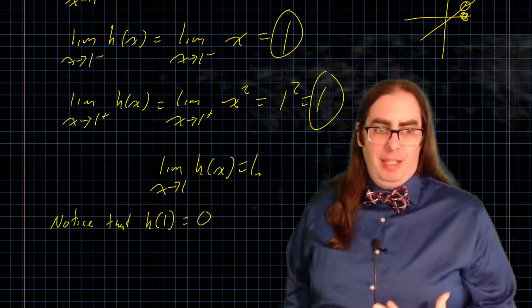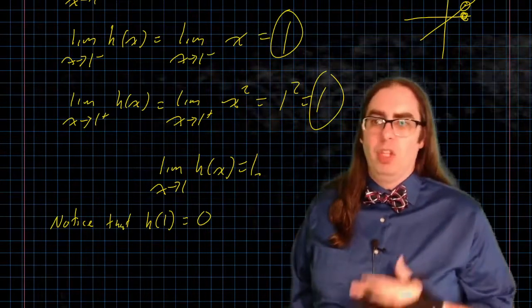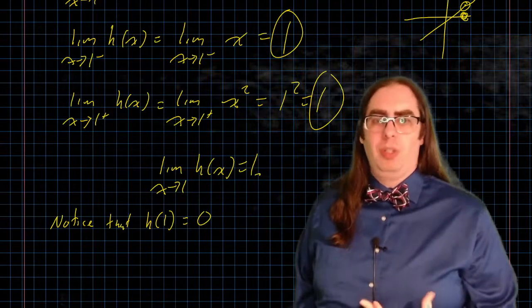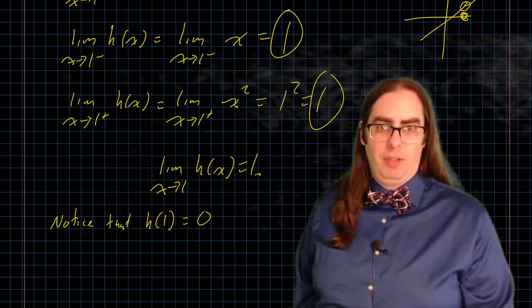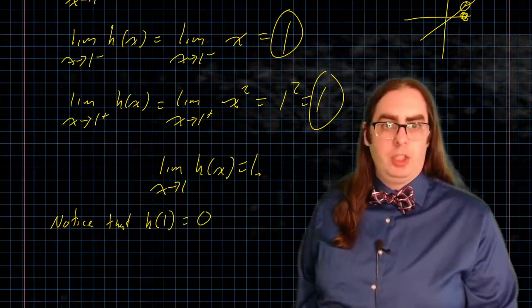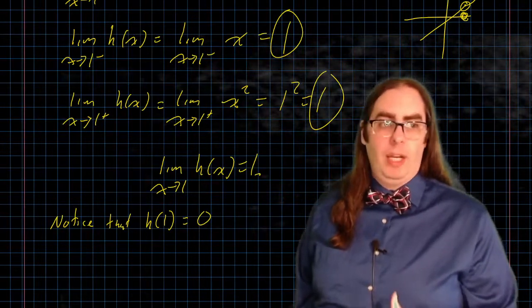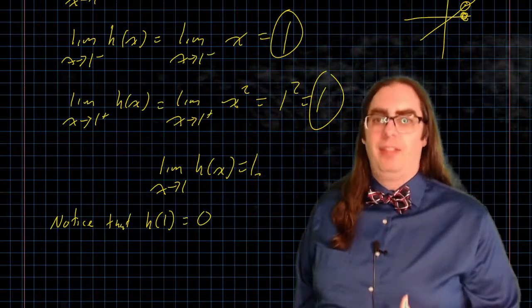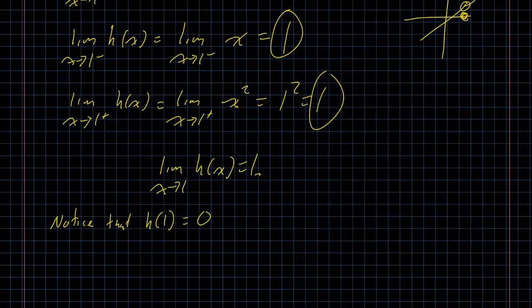The limit exists, but it didn't come out to what the value of the function actually is. So this function is still doing something a little bit stranger than the functions we were looking at in earlier videos. Later on, we are going to define continuity and find a clear way of looking at this as one of the special cases. But that's for a future video.